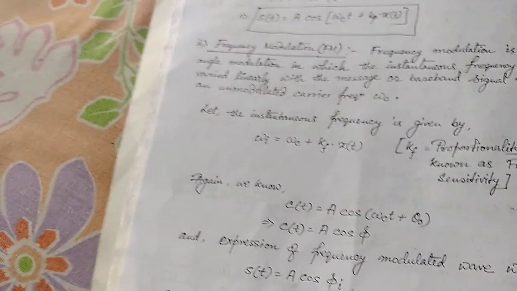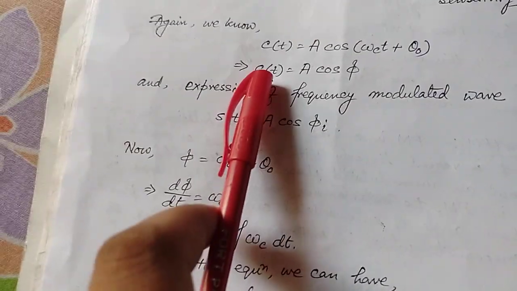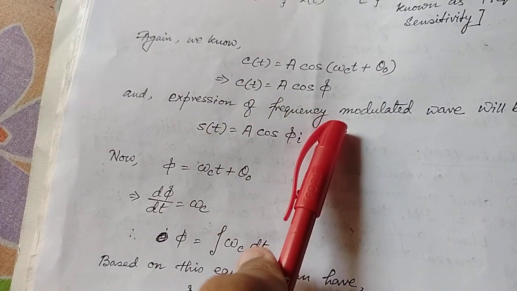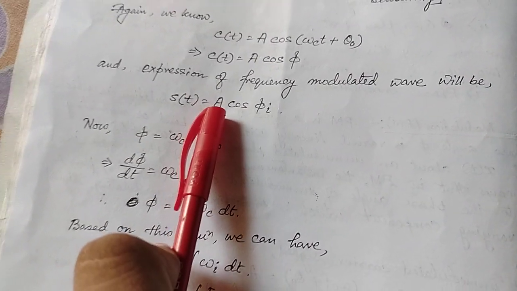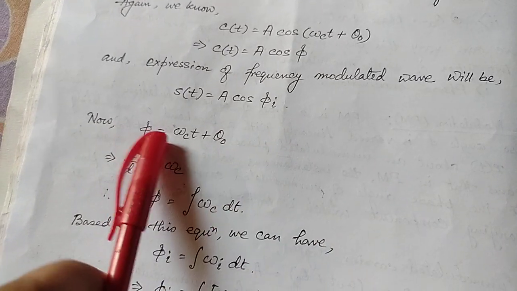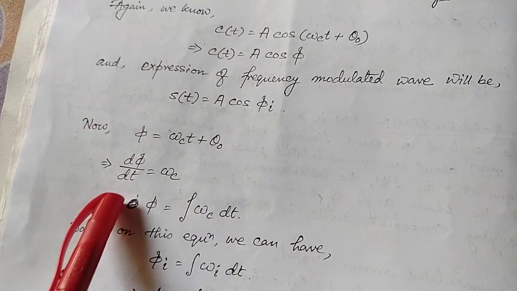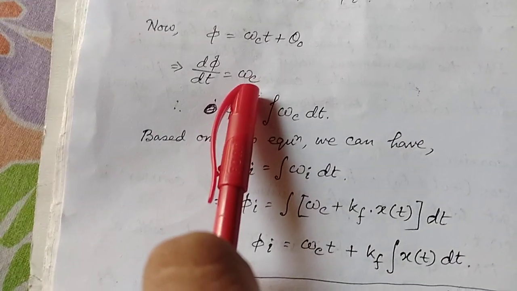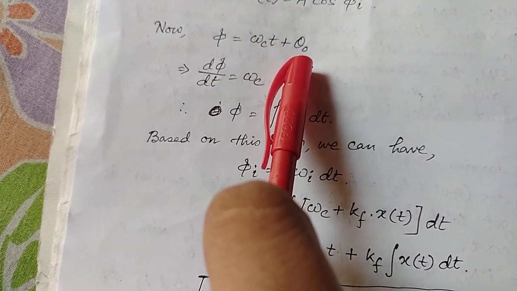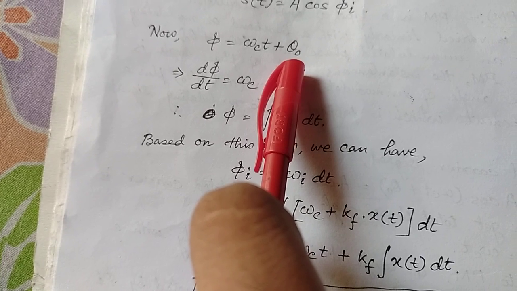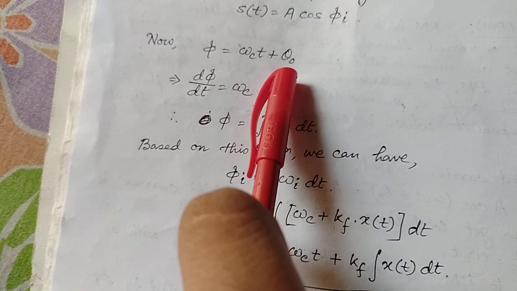Again we know that c(t) equals A cos phi. So the expression for the frequency modulated wave will be A cos phi_i, where phi is omega_c t plus theta_0. So d phi/dt is what? Omega_c, as theta_0 is constant in case of frequency modulation. We have already said the phase and the amplitude will be constant.